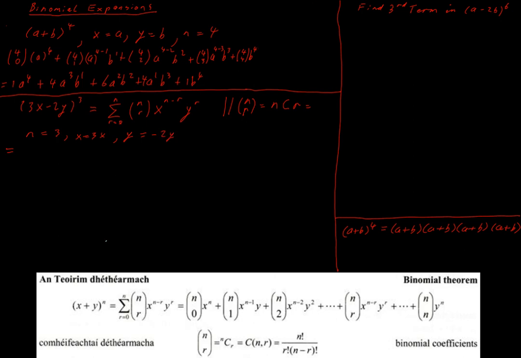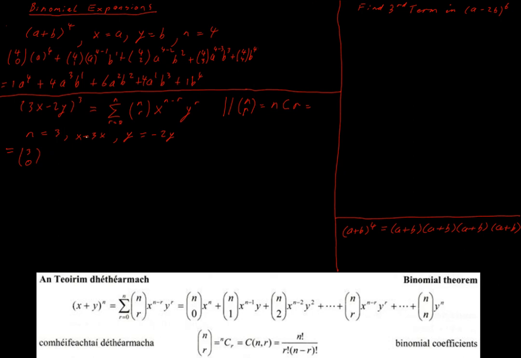Where am I getting that from? It's from the fact that my bracket here is x plus y to the power of n. So I have x is 3x, y is minus 2y, n is 3. And r is going to start at 0 and keep going 1, 2, 3 up until we get to the value of n. So let's put this into practice. We're going to start out with nCr, r starts out at 0.